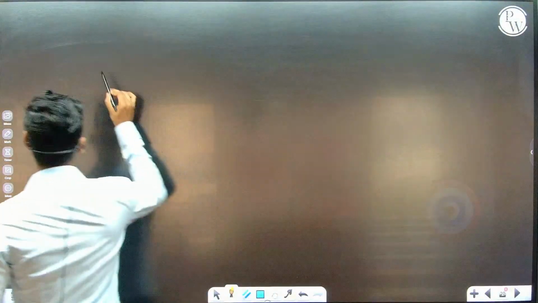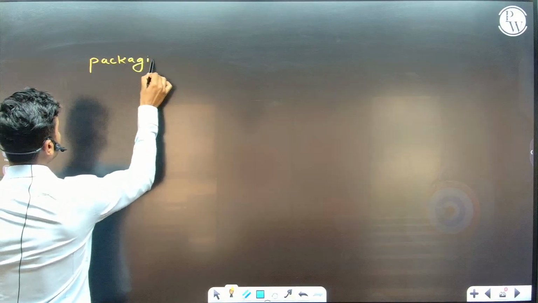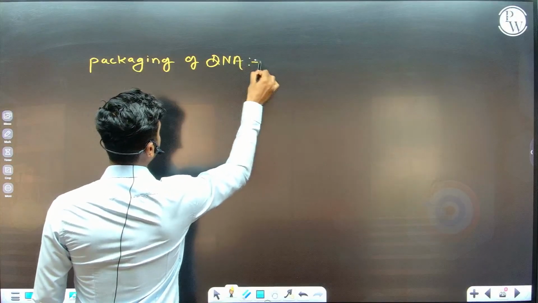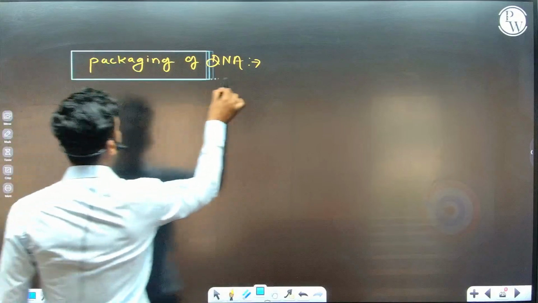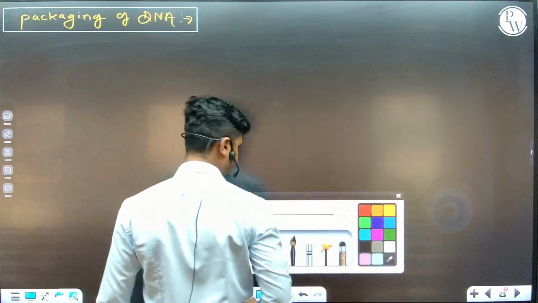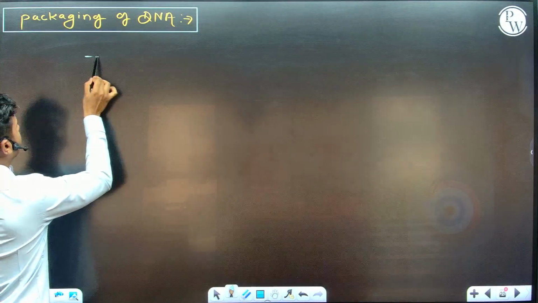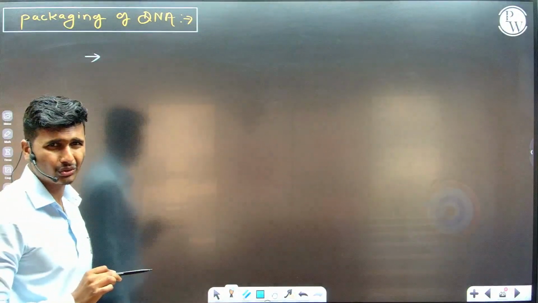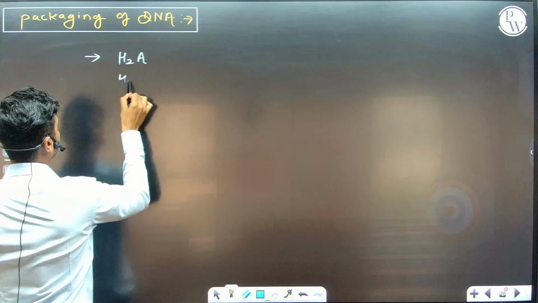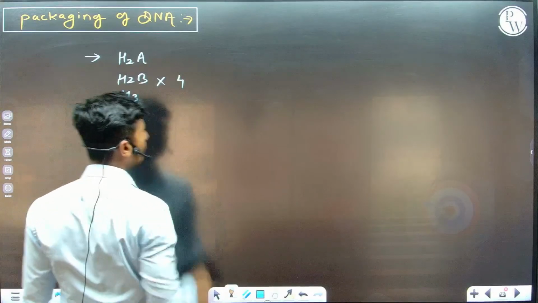Now this complete structure, histone octamer, nucleosome, I am going to discuss with you with the help of this blank slide. This is the topic, packaging of DNA. First of all, histone protein, you know how many histones? 4 histones, H2A, H2B, H3, H4, multiply by 4.